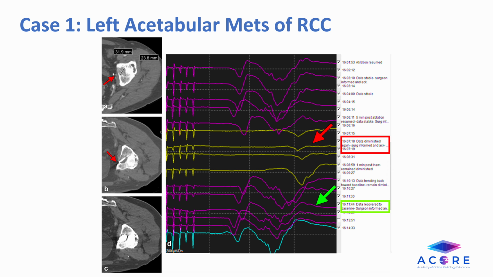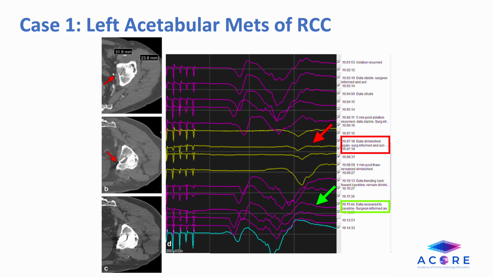In the motor evoked potential, the tracing of the left obturator nerve demonstrated greater than 70% reduction of the amplitude after 5 minutes of ablation, which is shown by the red arrow in the tracing, in the yellow tracing to be exact.